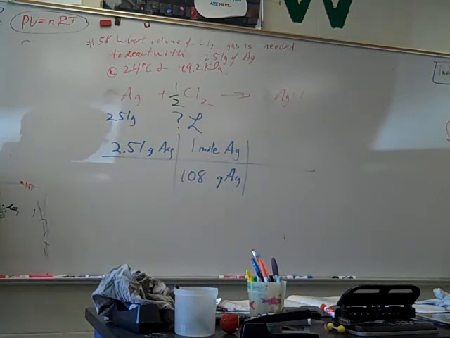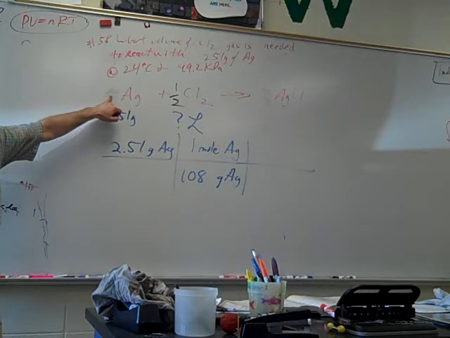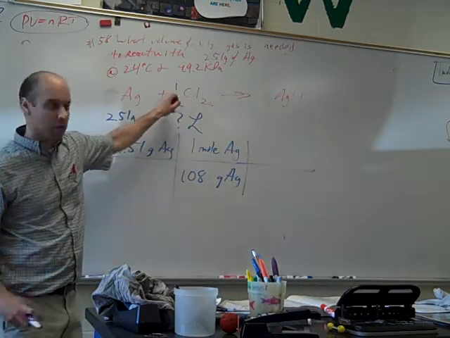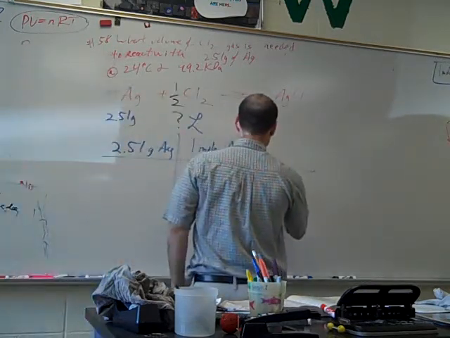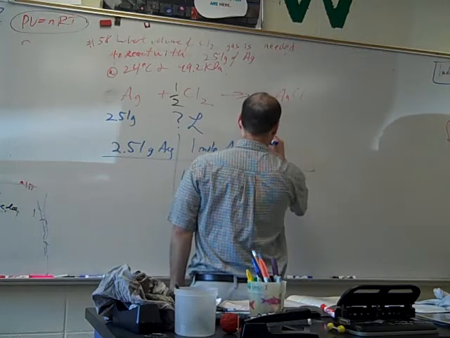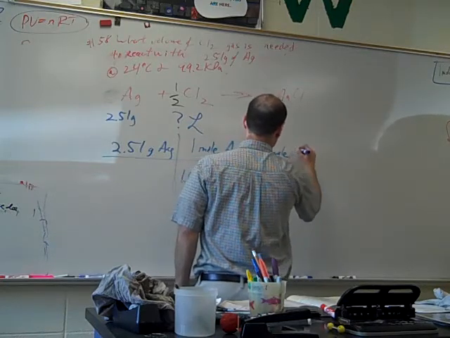Once we have it in moles, what would our next step be, Brenny? Yep, the ratio. So here's my ratio: 1 to 1/2. For every 1 mole of silver, a 1/2 mole of chlorine.